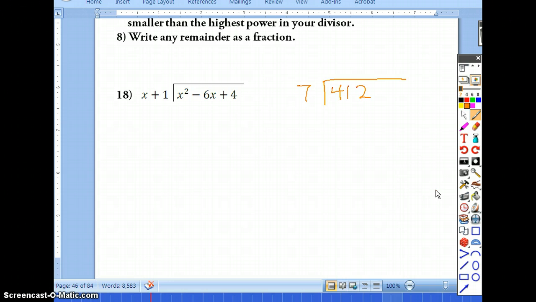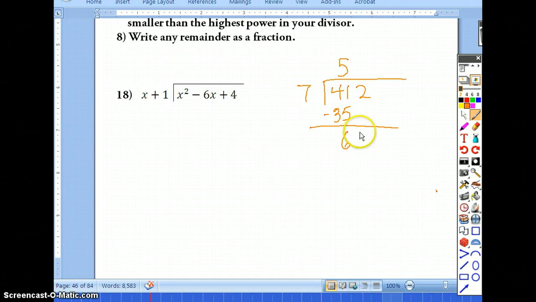And so if you were going to do this, the first thing you'd say is, well, how many times does 7 go into 4? It doesn't. And then how many times does 7 go into 41? That's 5 times. And so you write the 5 up above, and then you would multiply the 5 times the 7 and get 35. And then you subtract 41 minus 35 and get 6.